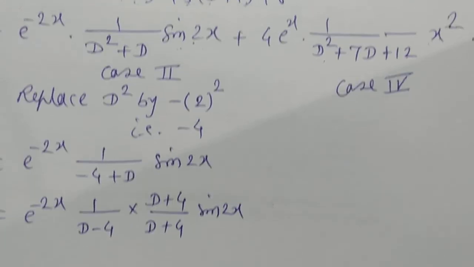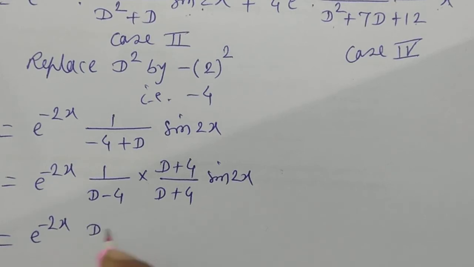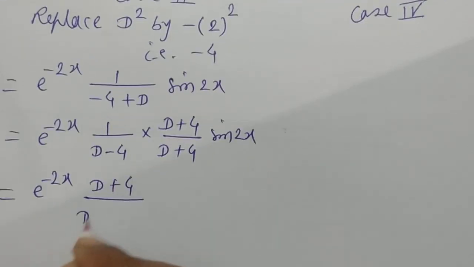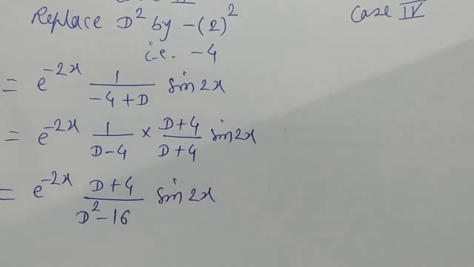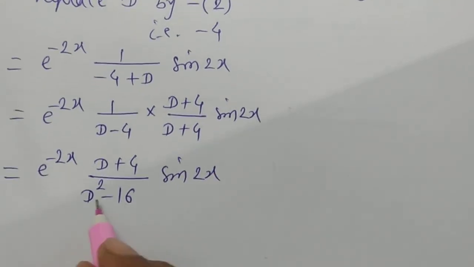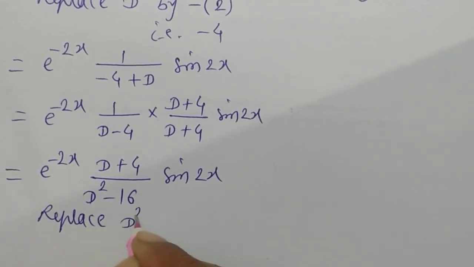Isn't it? So this is equal to e raised to minus 2x. Numerator is D plus 4. Denominator is D square minus 16 sin 2x. Now we have D square, so again we'll replace D square by minus 4.